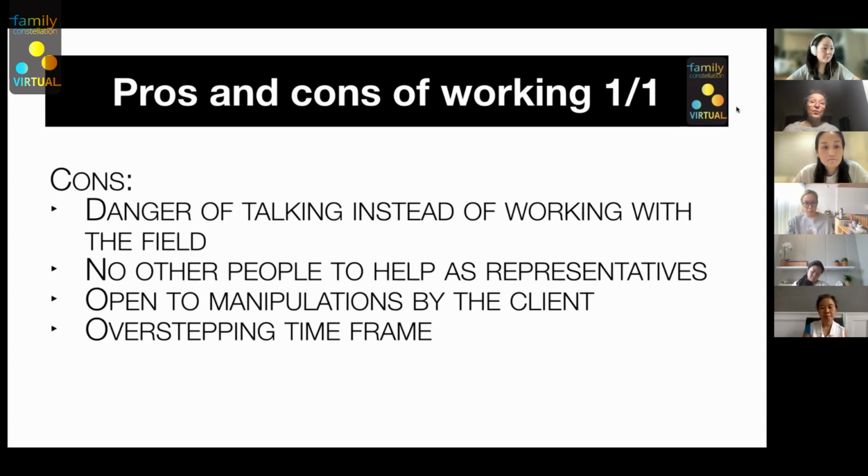This is different in workshops, where there is more that they can experience, but if you're working with objects, they might not follow what has happened, right? And you might feel the need to explain what actually happened, for example, on the board with the figurines. And so when this is happening, it's very easy to overstep the time frame.